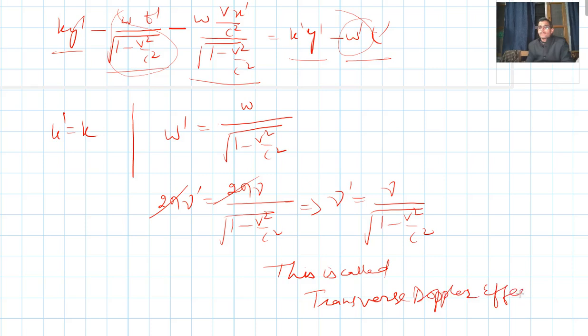So this is all about the Doppler effect which we observe in the special theory of relativity. We have used the Lorentz transformations here. So that's all for today's lecture.